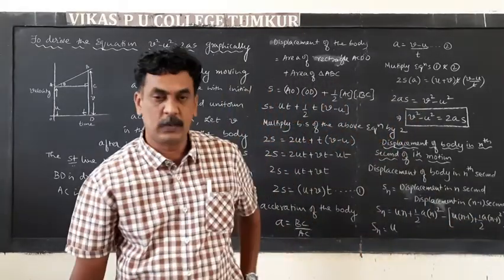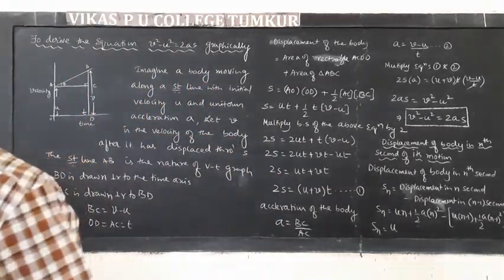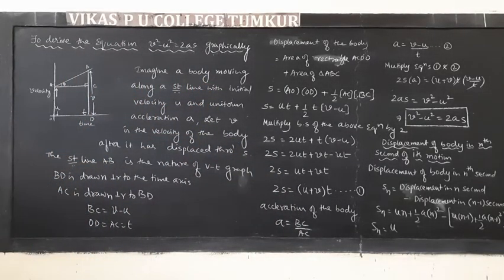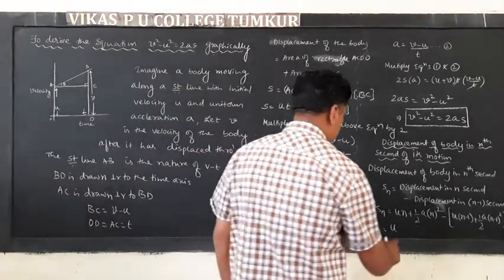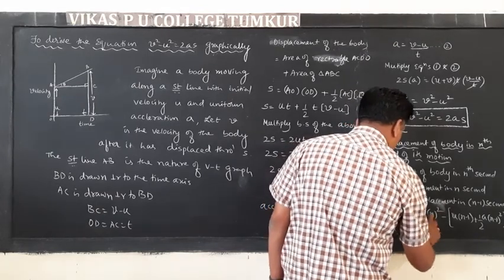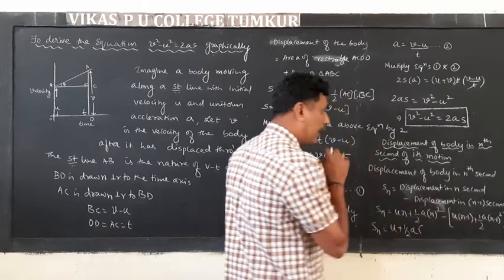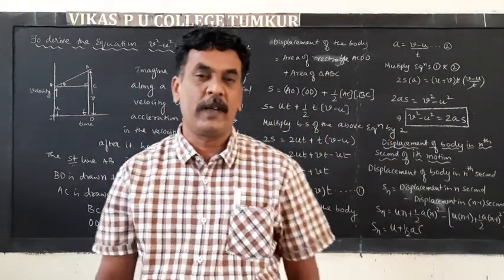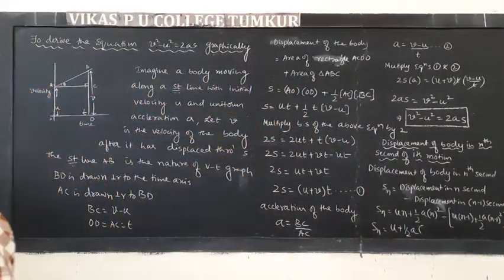Half a into n square minus half a into n minus 1 whole square. ಅದನ್ನು ಸಬ್ಟ್ರಾಕ್ಟ್ ಮಾಡಬೇಕು. ಸೊ ಅದನ್ನು ಸಬ್ಟ್ರಾಕ್ಟ್ ಮಾಡಿದಾಗ ನನಗೇನು ಬರುತ್ತೆ? Half a ಕಾಮನ್ ಫ್ಯಾಕ್ಟರ್ ಬರುತ್ತೆ. Half a is a common factor. ಇನ್ನೇನು ಉಳಿತು? n square minus n minus 1 whole square.